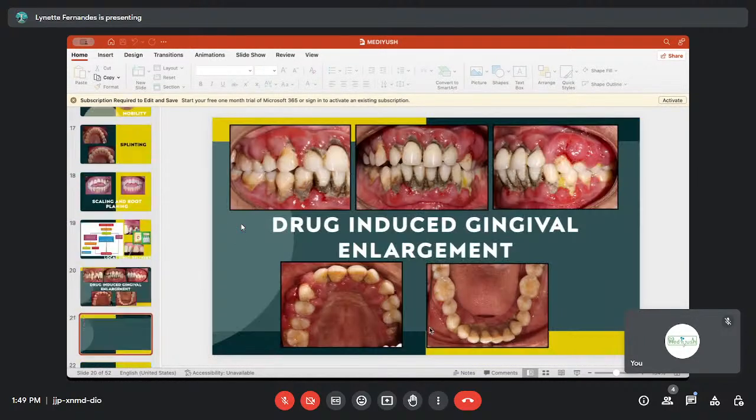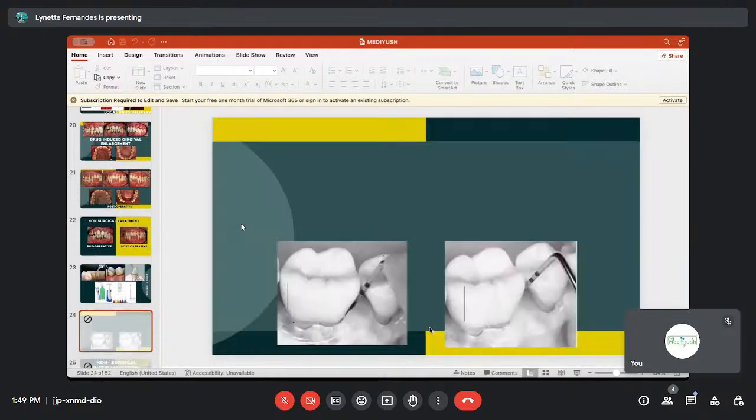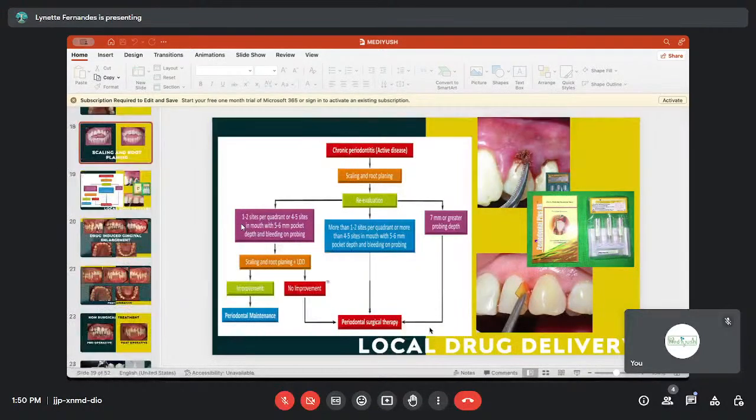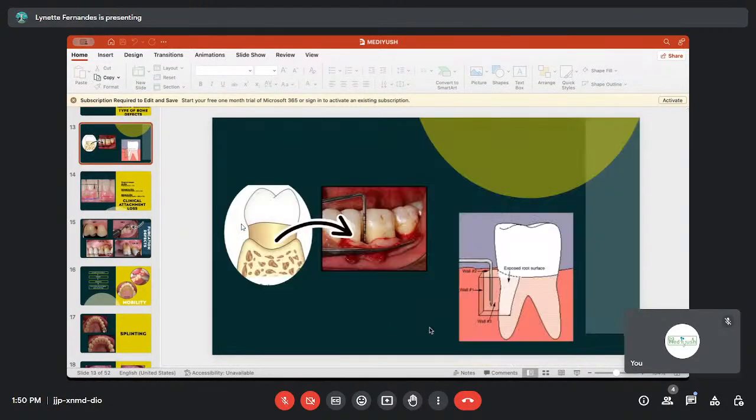Yes, yes. It is happening now. Yes, yes. I'm on drug-induced gingival enlargement. Is it visible? Yeah, it is. Okay, just let me know when it stops again. Yes, ma'am. No issue. You can continue.